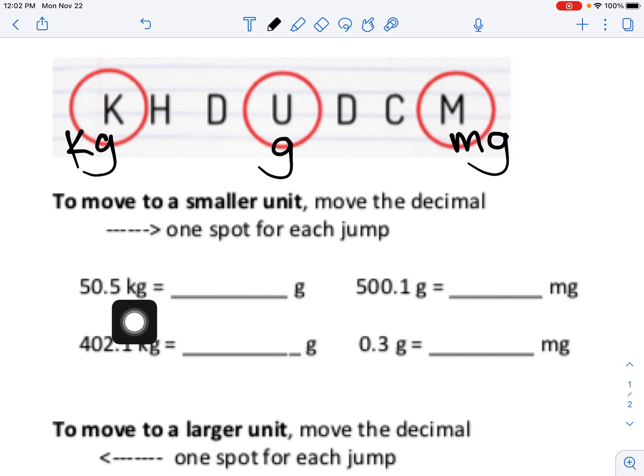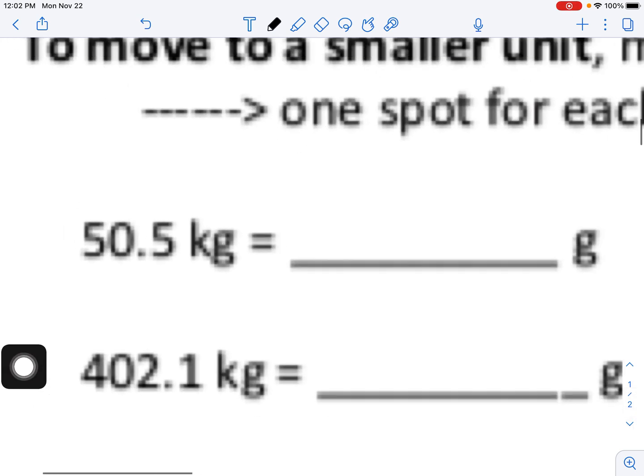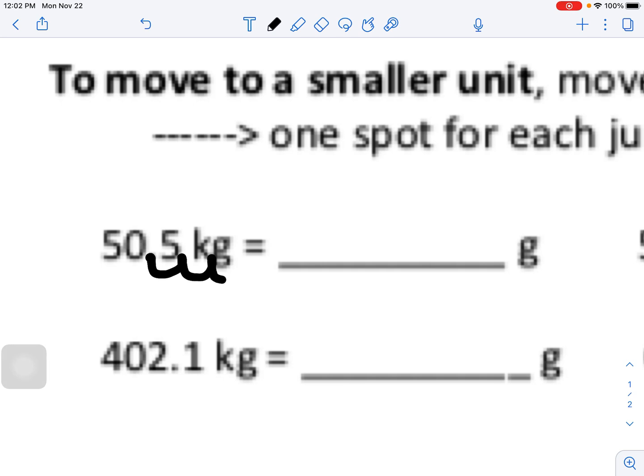So I first look at the unit that I have, and I'm moving to a smaller unit. It says move the decimal this way, one spot for each jump. So here, my decimal point is in between the 0 and the 5, and I'm going to be going 1, 2, 3 jumps this way to the right. I have to use my place values, and if there is nothing there, that's going to be a 0. This is 1 jump, 2 jumps, 3 jumps, and those are going to be filled in with zeros.